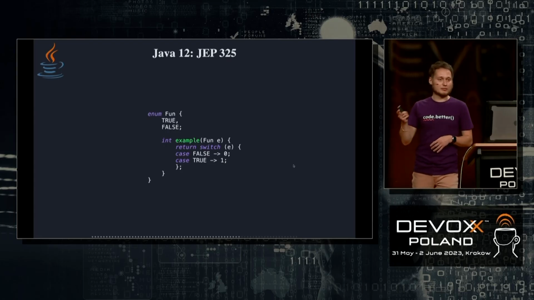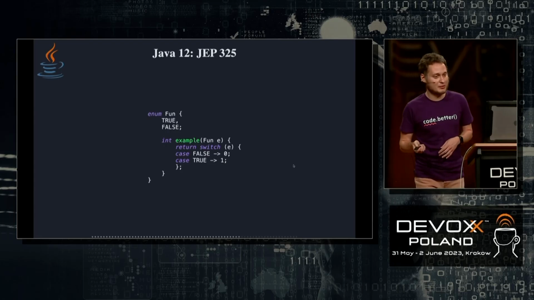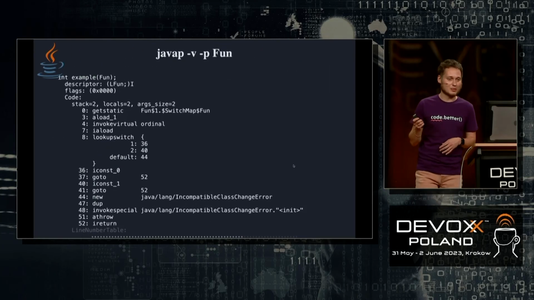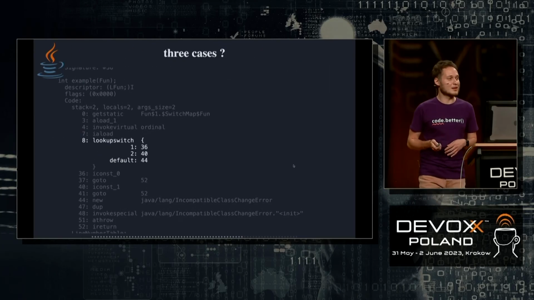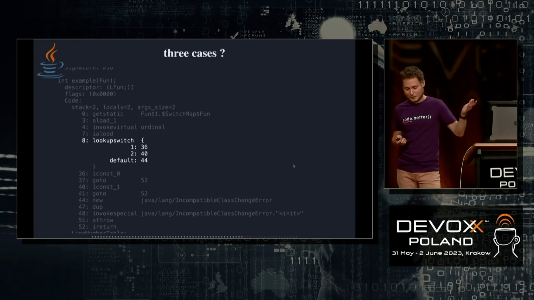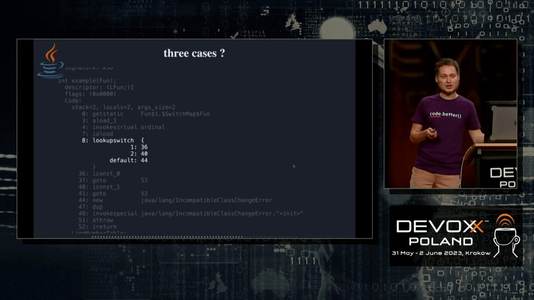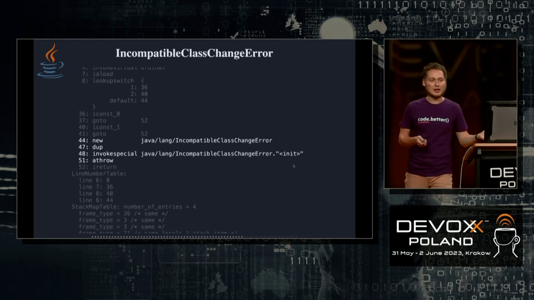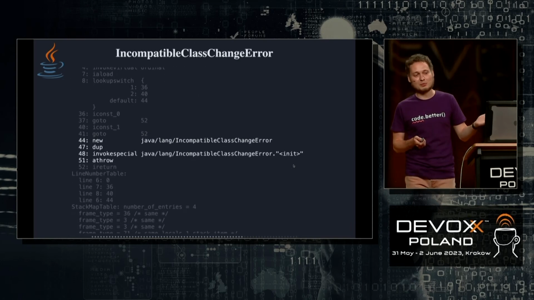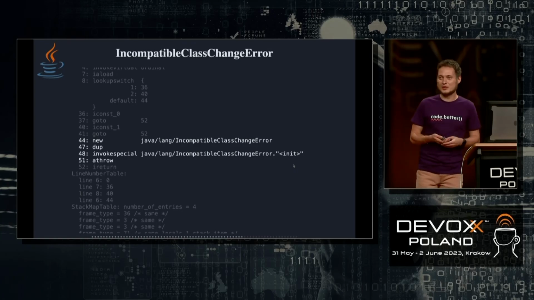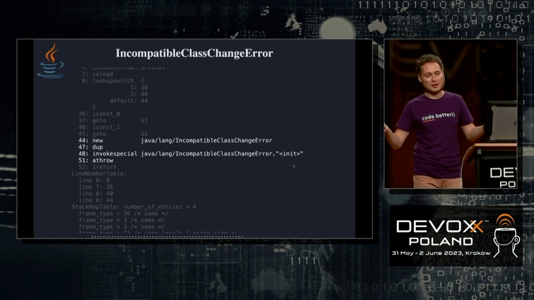In Java 12, we got JEP 325. We got switch expressions. What is wonderful with them is that instead of writing the default case when we list all the possible values of enumerations, the compiler is going to generate a default for us, which simply throws an IncompatibleClassChangeError. Why does the compiler have to do this? Well, because of split compilation.